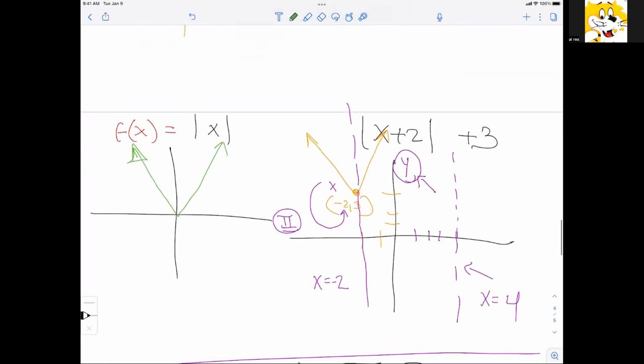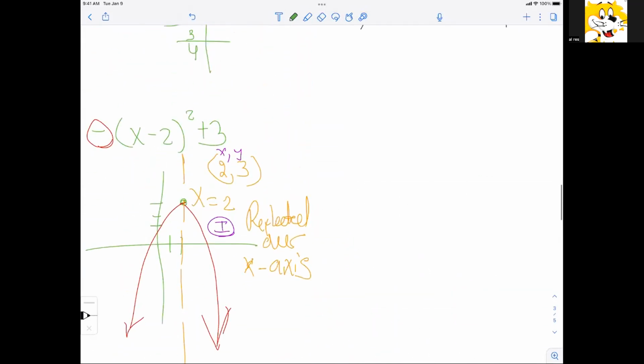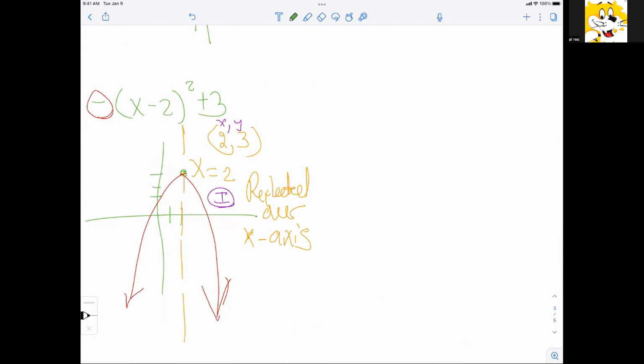What type of symmetry does the absolute value have? It has y symmetry. What type of symmetry does a parabola have? Y symmetry.